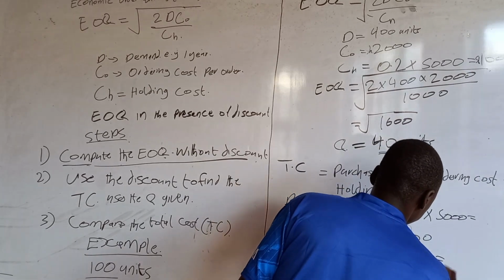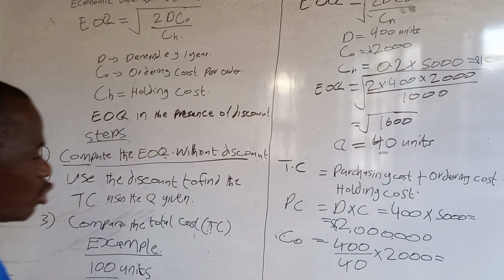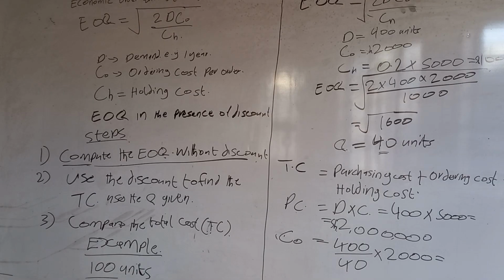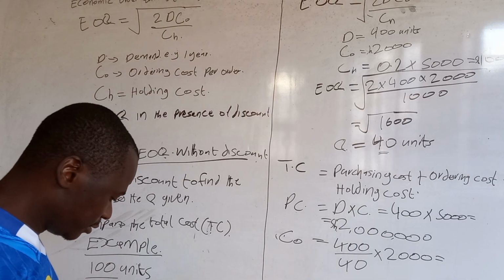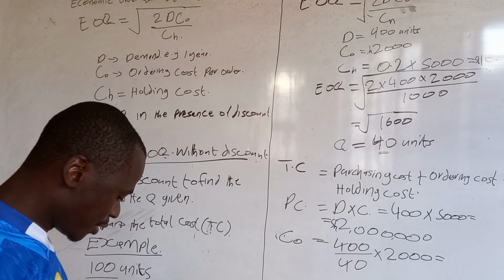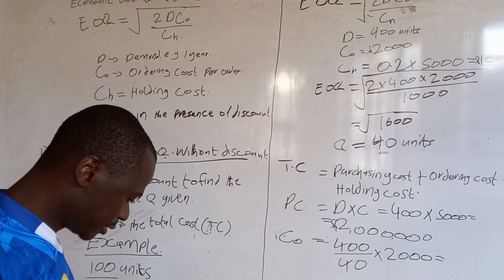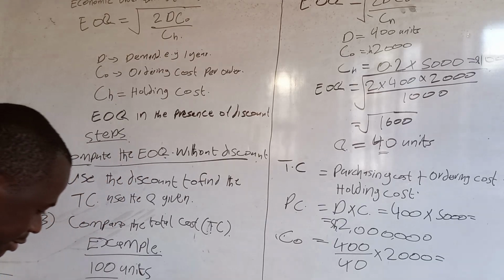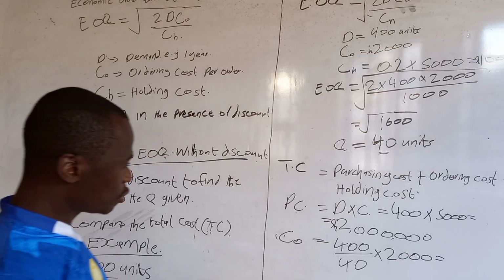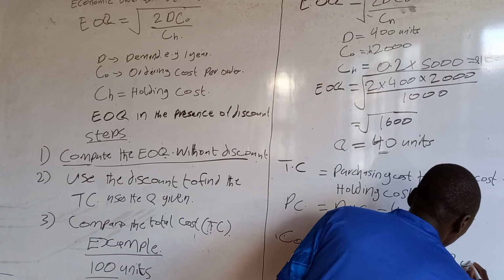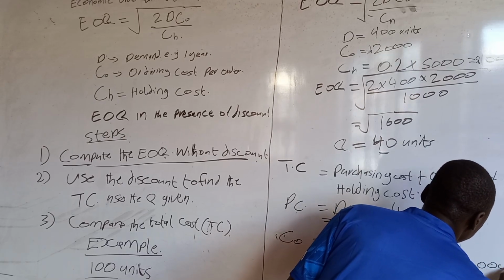So the total ordering cost will be 400 divided by 40 times 2,000, and that gives us 20,000.